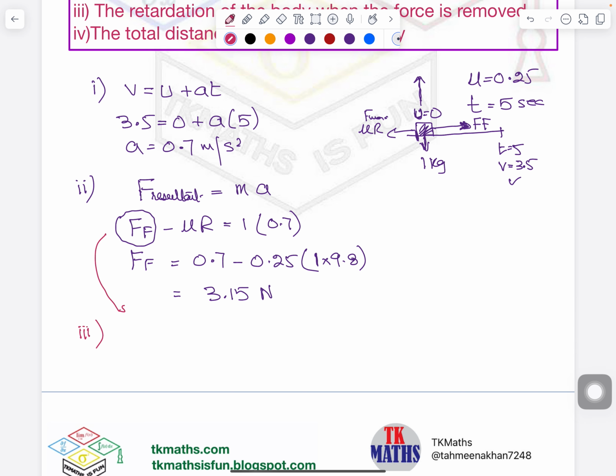It will be 0 minus mu R is equal to 1 times a, mass times a. Mu is 0.25, R you have taken as 9.8, just like the previous case. And you will calculate the value of a, which is minus 2.45 meters per second squared.